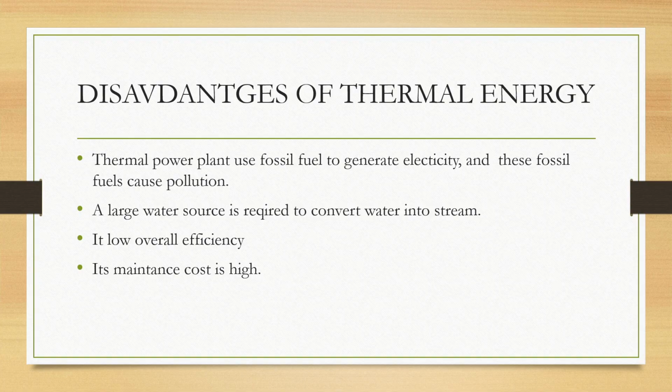As thermal itself says it's the heat, so as the water is heated, the water is evaporated in the form of water vapors and the water content decreases. Hence, a large amount of water is required for heating in this thermal energy, which converts water into steam.